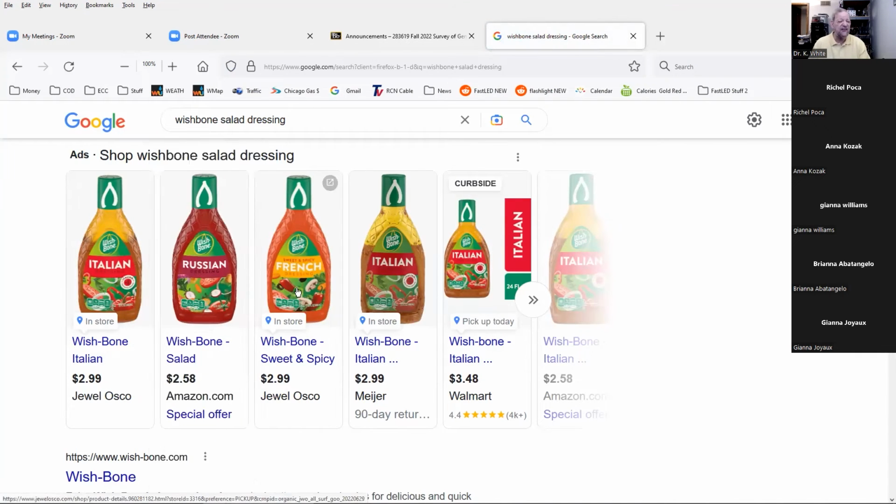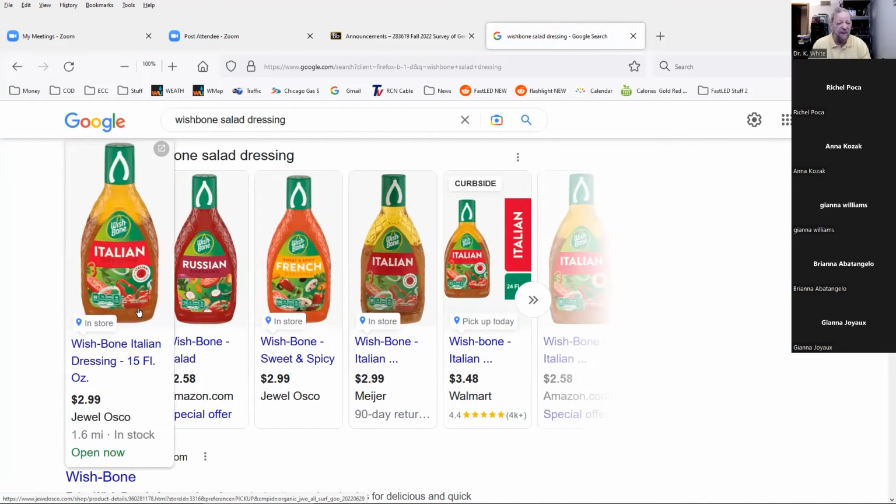All right, everybody see the bottle of Wishbone Italian dressing? That was my mother's favorite on the screen. Thank you, Gianna. Notice how there are two layers in there, a lighter top layer and a lower, darker bottom layer. That's because one layer, the vinaigrette, vinegar is essentially water and a chemical called acetic acid.